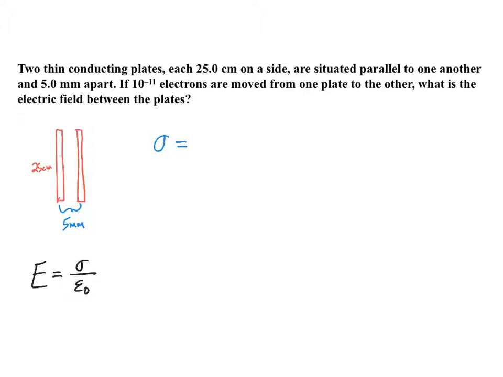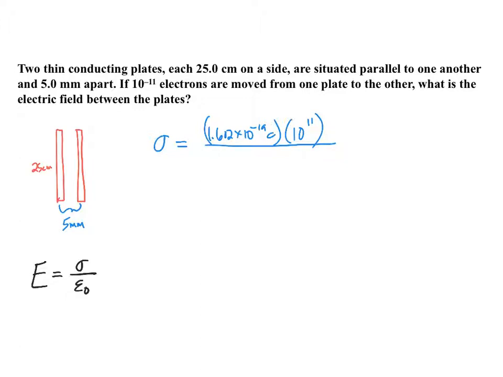So first we got to figure out the charge density. Well, every electron is 1.602 times 10 to the minus 19 coulombs. Okay? And we have 10 to the 11th.